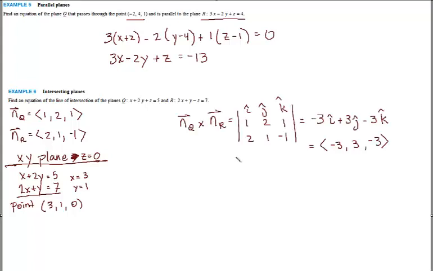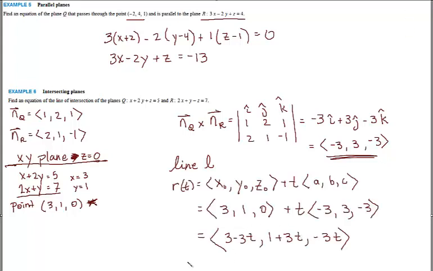Now this line that I'm looking for, this line L, we know that this line is parallel to this vector. He's lying in this same direction as this vector, and he passes through this point. So what I'm going to do is go back from section 12.5 and write this in terms of parameters.